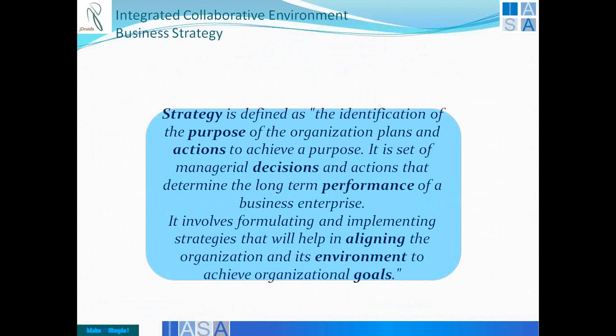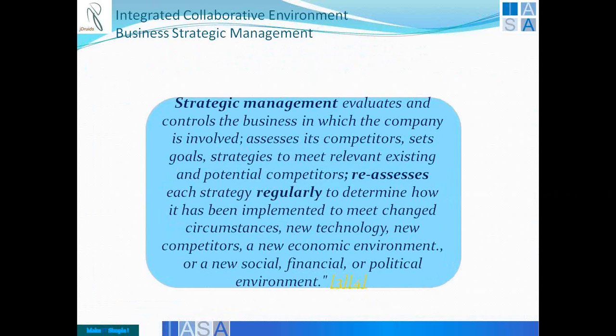In that, you will also define with what alignment you need to do and what the environment will be to succeed. So that's a strategy. Strategy is to meet the purpose with certain actions, decisions and a specific level of performance with an alignment to the organizational needs and its environment, and achieve the goals. And that's a strategic definition.